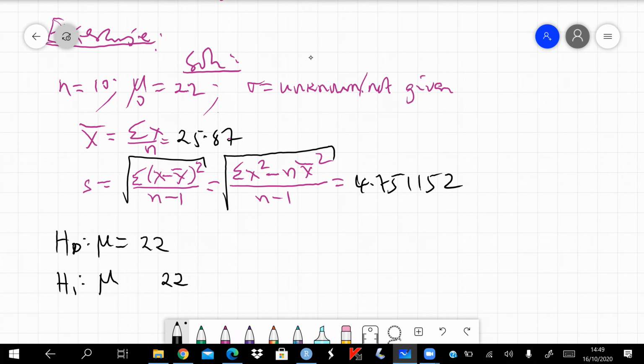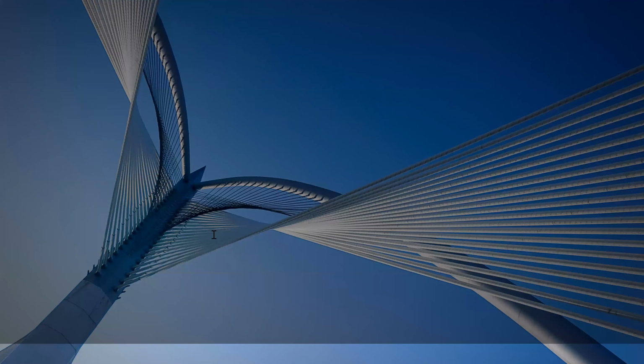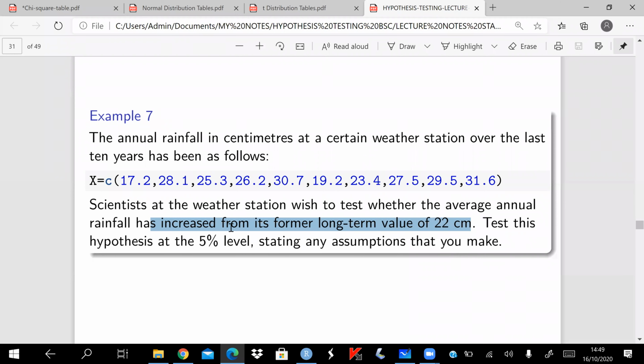So let's go back to the question and see what is required of us. The question here is, scientists at the weather station wish to test whether the average annual rainfall has increased from its former value, which is 22 centimeters.